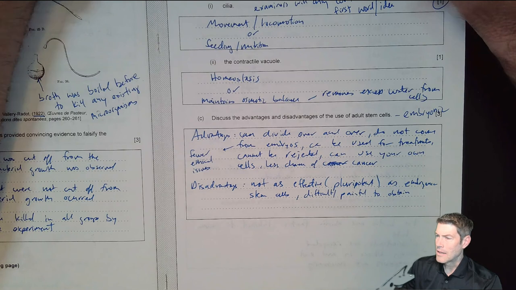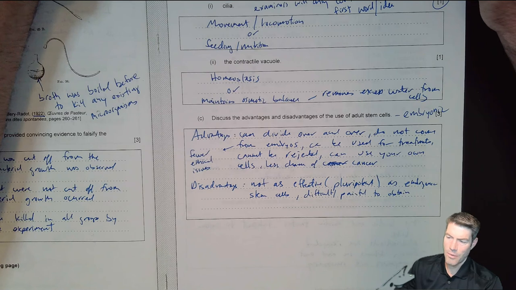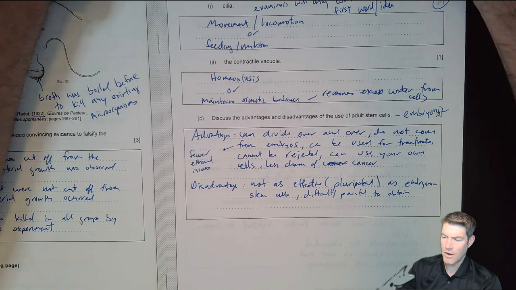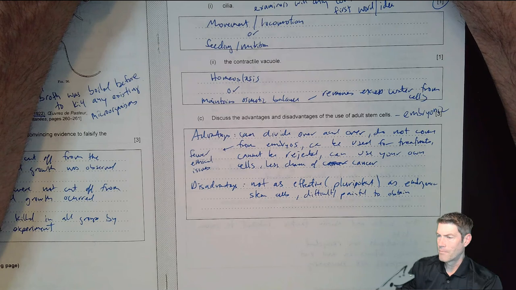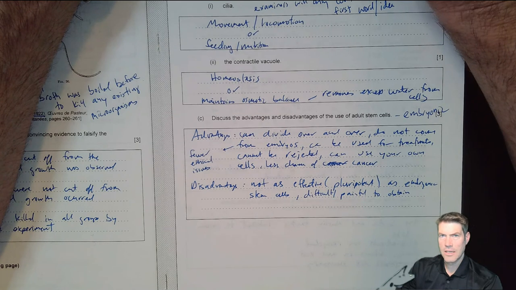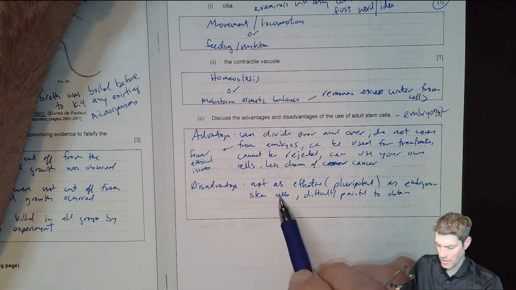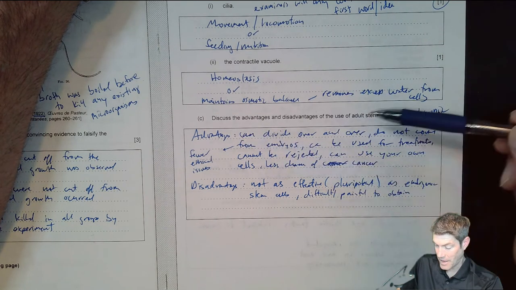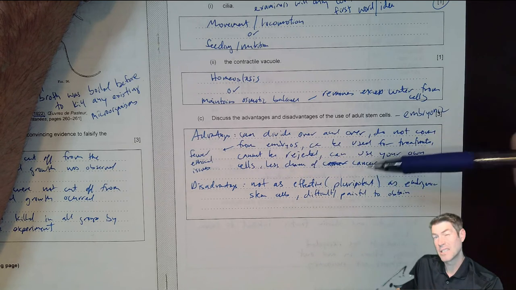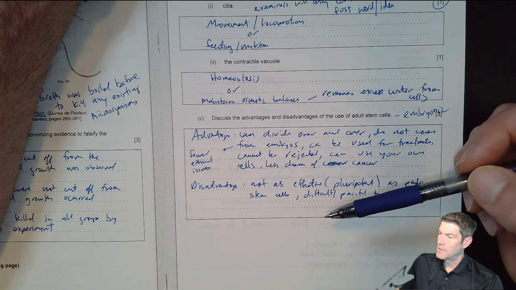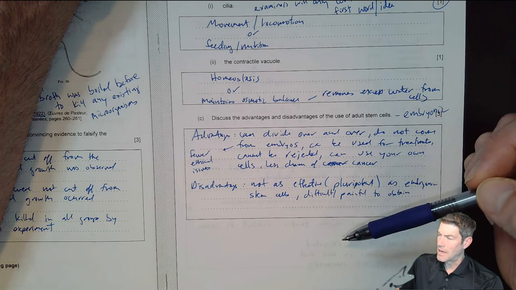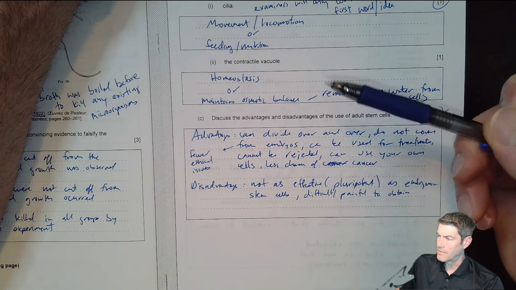So the reason why embryonic stem cells are used, even given those supposed ethical concerns, they are ethical concerns for some people. Don't want to discount that. The reason why embryonic stem cells are preferred is because they're more effective. So that's the disadvantage of adult stem cells. They're not quite as pluripotent. They don't develop into as many different types of cells or as effective.